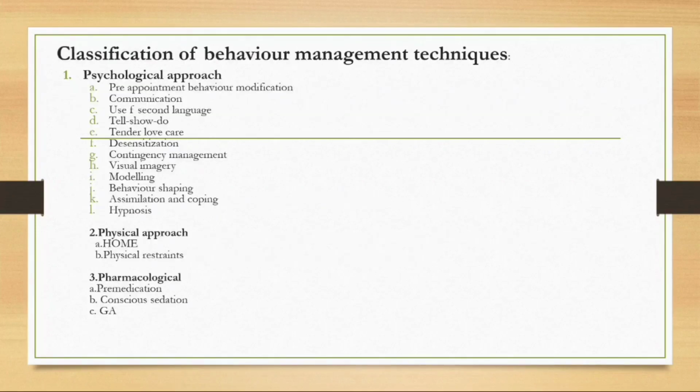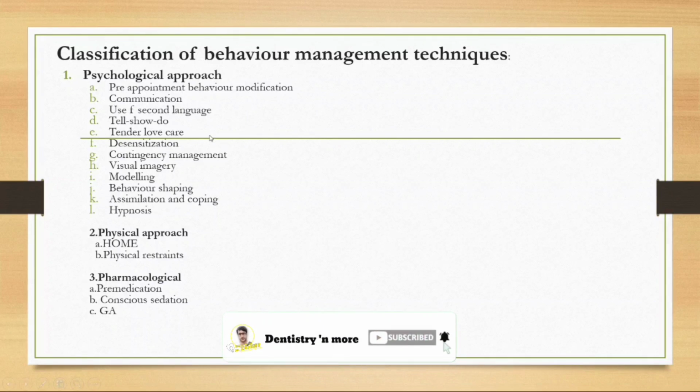Now we are into the most important section of this chapter, that is the classification of behavior management techniques. You will definitely get one question, it could be a long essay, short essay, or short note, from this section in Pedodontics. We have basically three categories in behavior management technique: psychological, physical, and pharmacological.